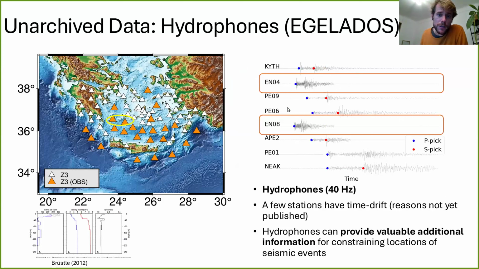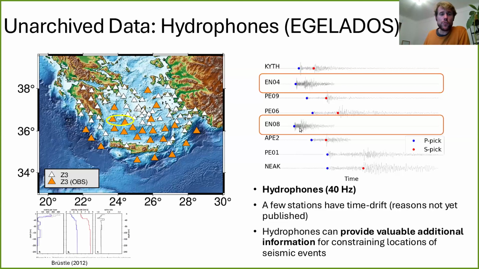You can see that even when we obviously have difficulties to define an S-pick of an earthquake, for P-picking these hydrophone data can be very important and can give us additional information, especially if we want to better constrain the location of seismicity that we detect.